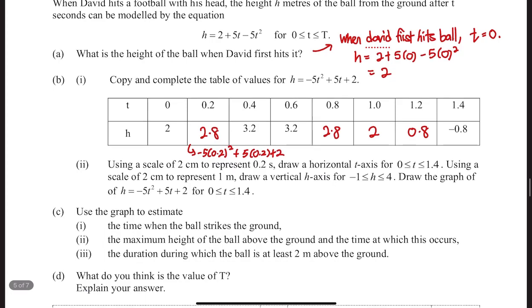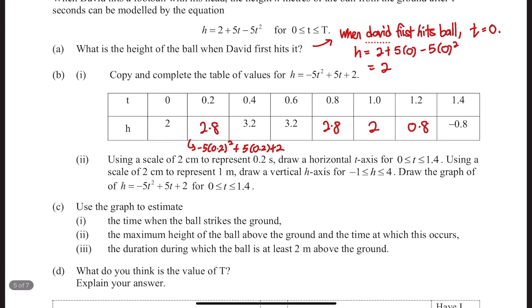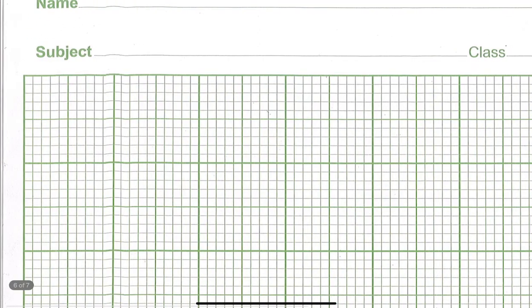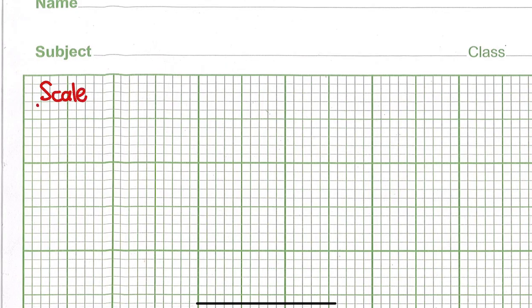Now that I've drawn my table of values, I can start drawing my graph. Same steps. They say to use a scale of 2 cm to represent 0.2 seconds. Draw a horizontal t-axis from 0 to 1.4. So over here, let's label this scale so that we are clearer. What does the scale say in this question?